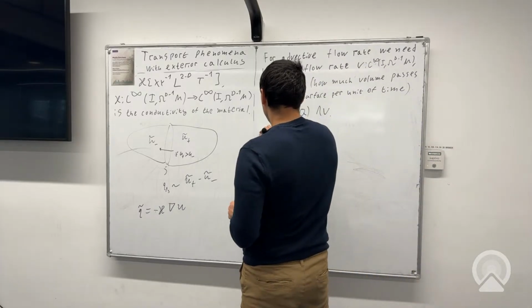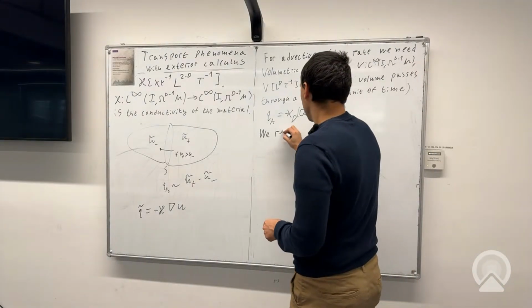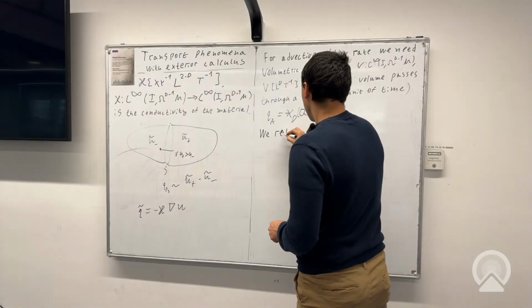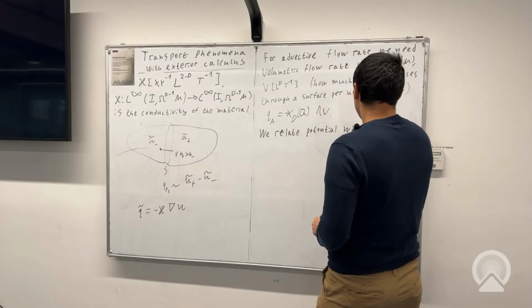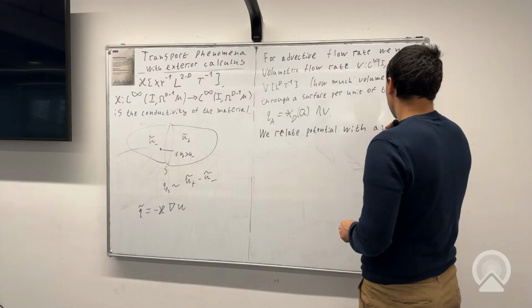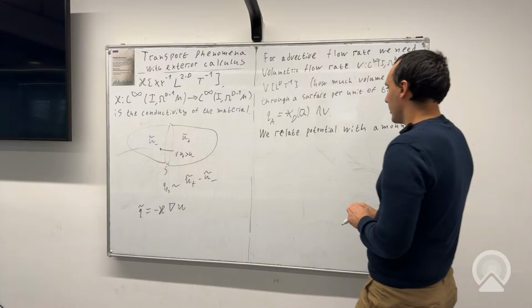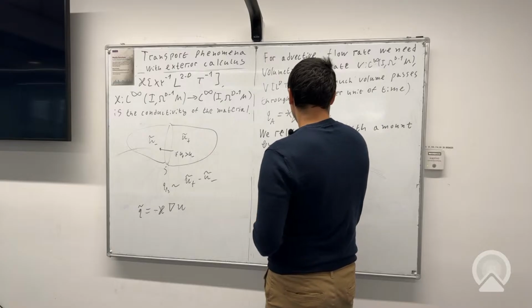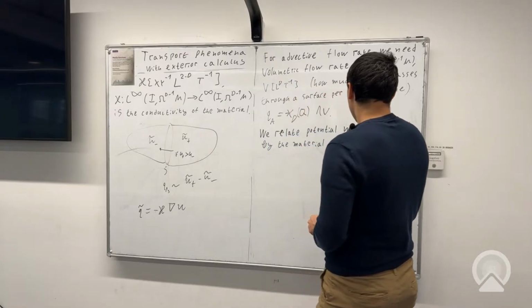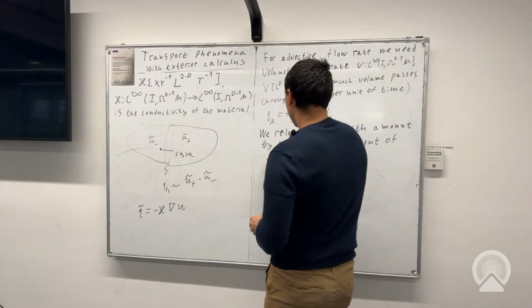So we relate potential with amount by the material coefficient of volumetric capacity.